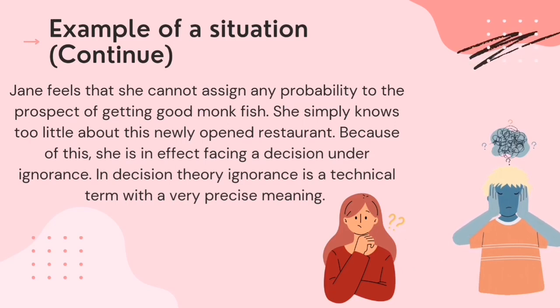It refers to cases in which the decision maker knows what her alternatives are and what outcomes they may result in, but she is unable to assign any probabilities to the states corresponding to the outcomes. Sometimes the term decision under uncertainty is used synonymously. She feels that ordering a hamburger would be a safe option, and a hamburger would also be better than having no main course at all.